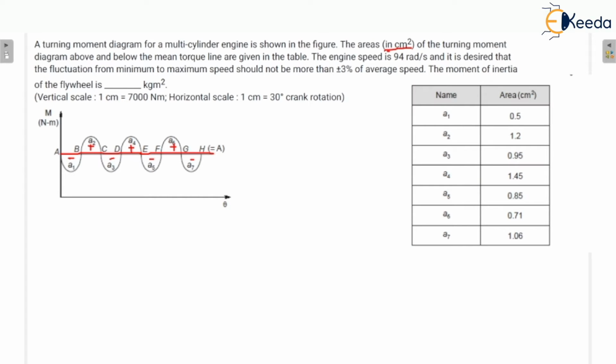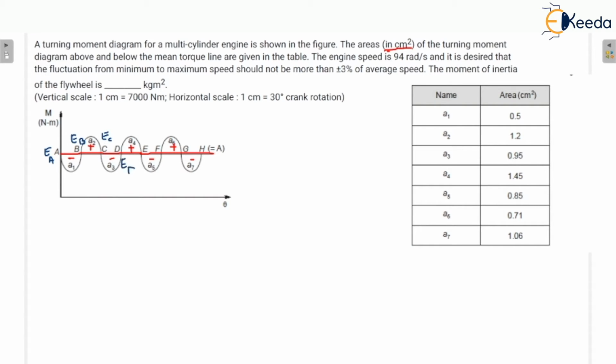So let us assume that this is point A, and this is EA, the energy at point A. This is EA and here it is EB, and here it is EC.